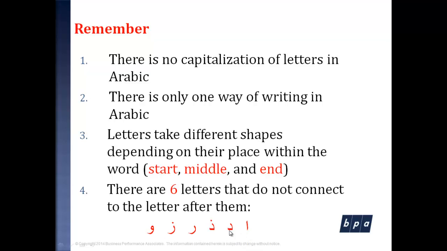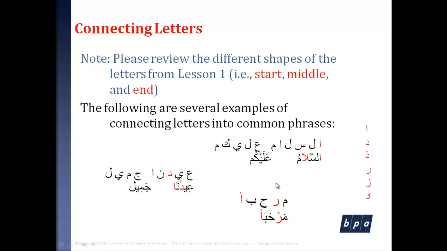Again, Alif, Dal, Dhal, Ra, Zai, and Waw do not connect to the letters after them. Please review the different shapes of the letters from lesson 1 as they appear in the start, middle, and end.